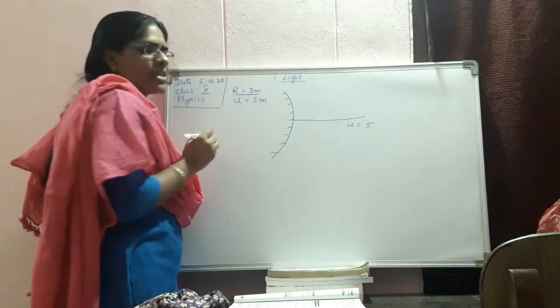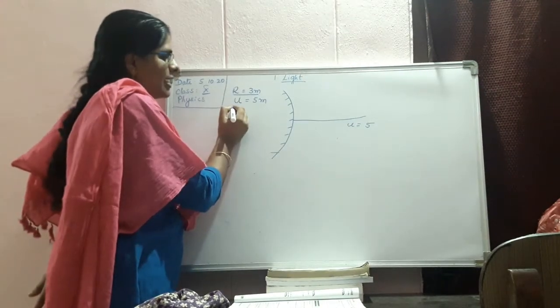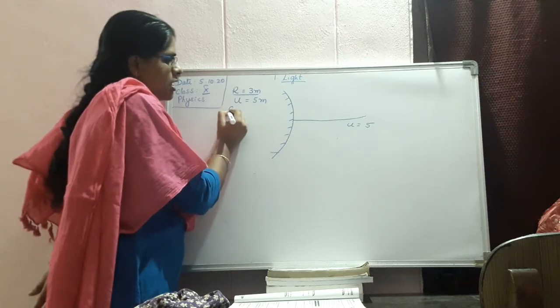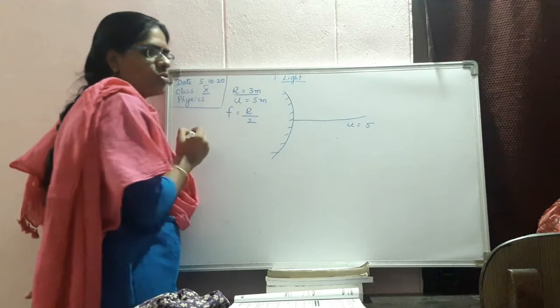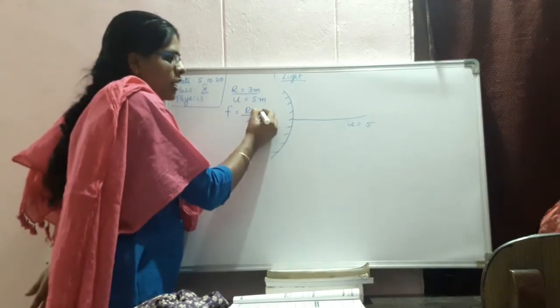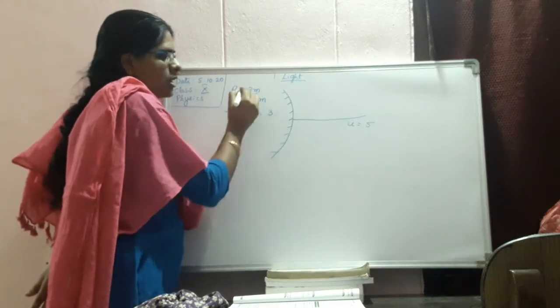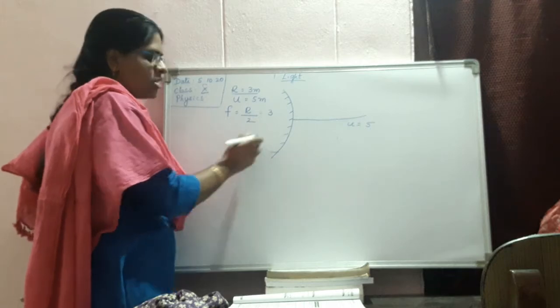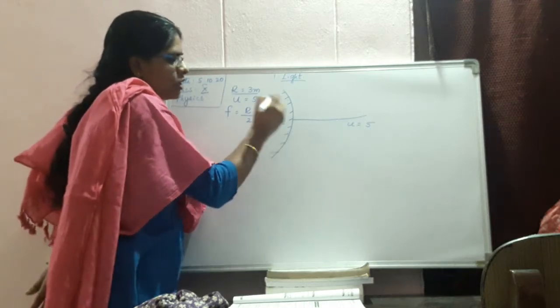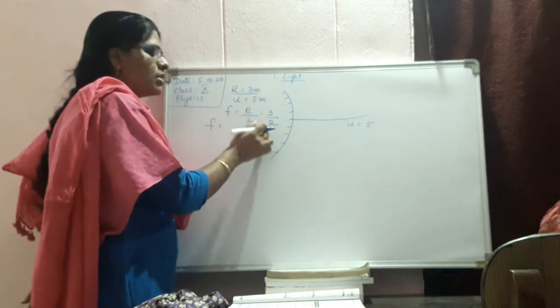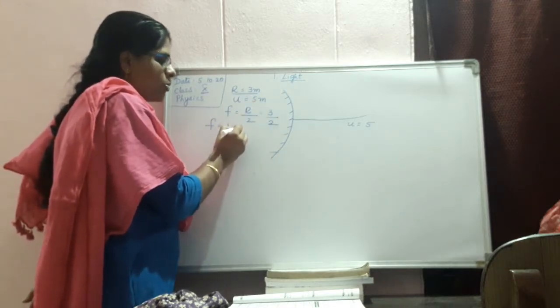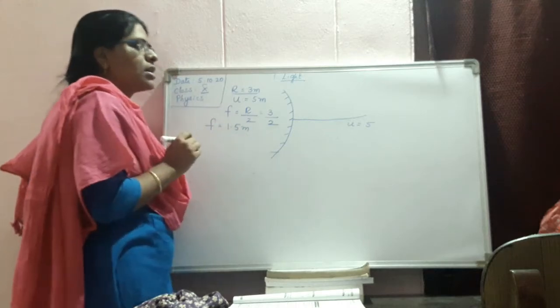Radius of curvature is given. How to find the focal length? F equal to R by 2. Now R is 3, given in the problem. F is equal to 3 by 2. If you divide 3 by 2, you will get 1.5 meters.